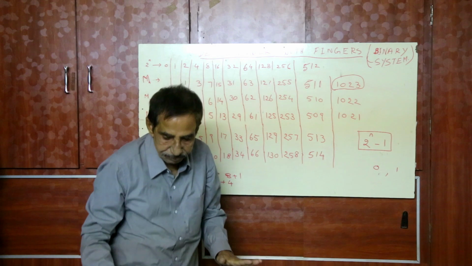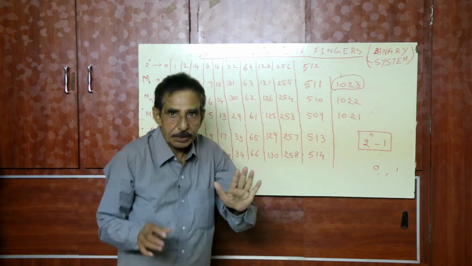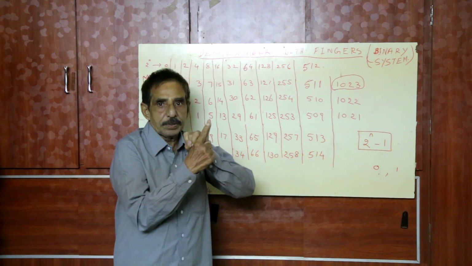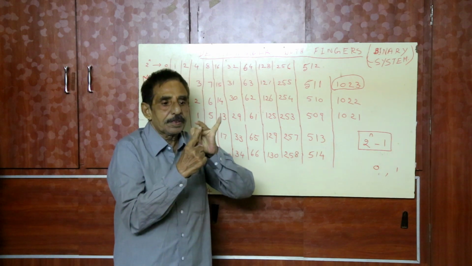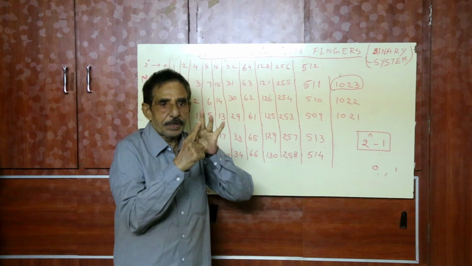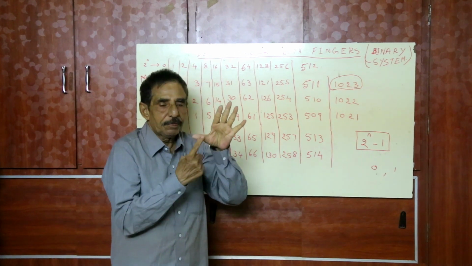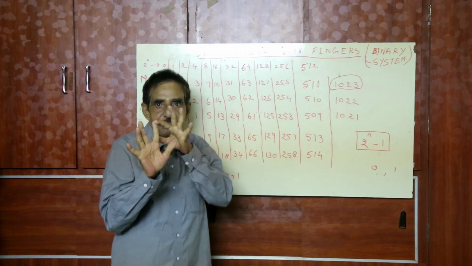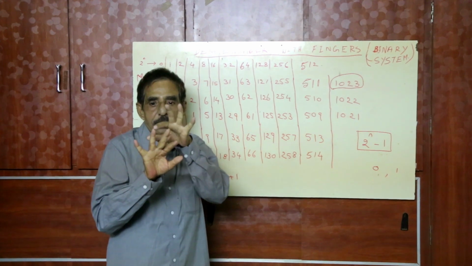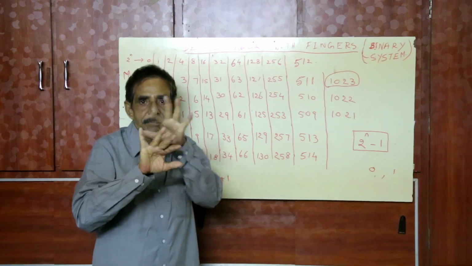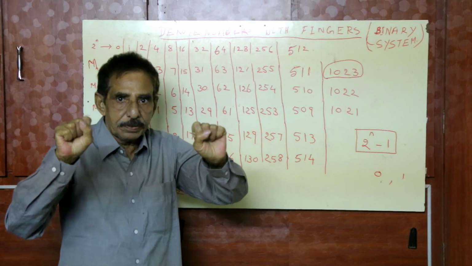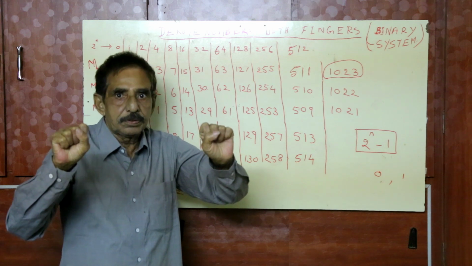See, let us take this number as 1. First finger, second finger, third finger, fourth finger, fifth finger. This is sixth finger, seventh finger, eighth finger, ninth finger, 10th finger. If I fold all the fingers, that represents 0.